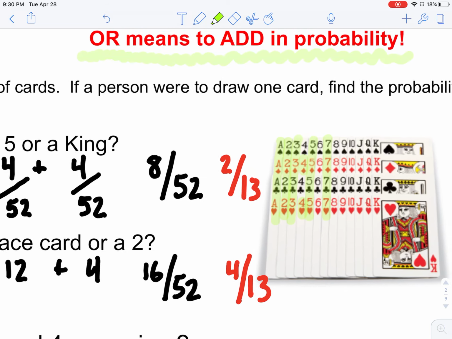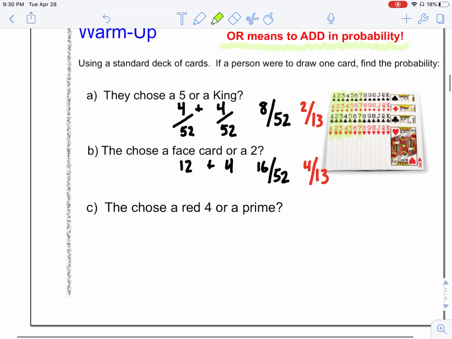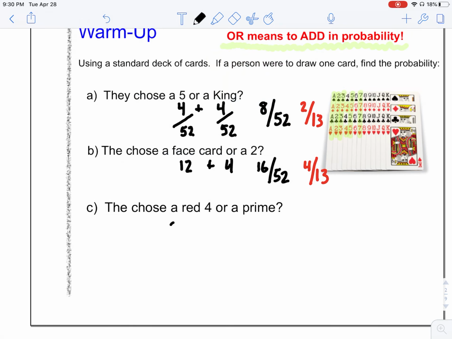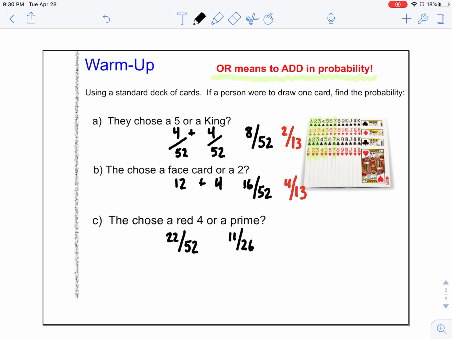I believe that's 22 out of a total of 52. So 22 out of 52, which if you divide that in half, would be 11 out of 26. Anyway, just getting back into the right mindset there: if you're calculating something with 5 or a king, you're adding them up.